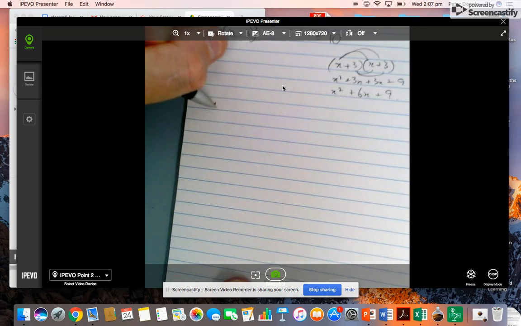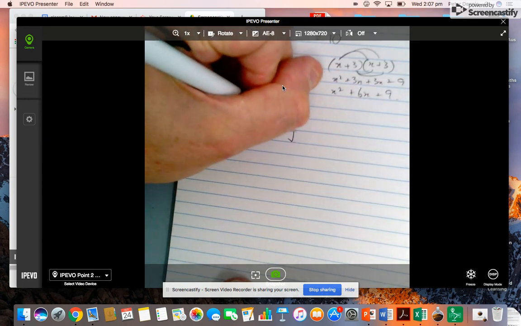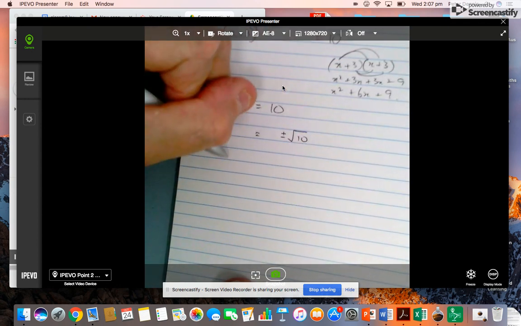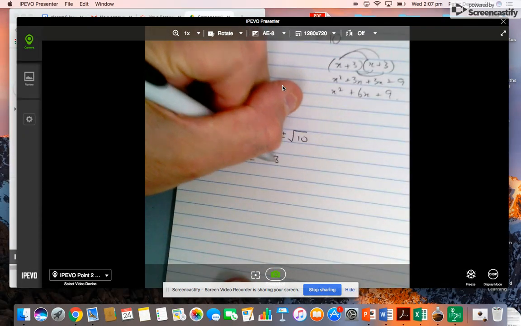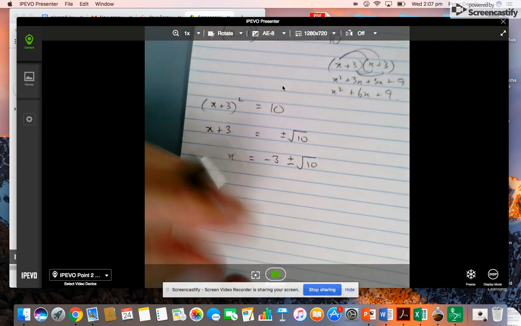He said that x plus 3 squared equals 10. Let's take the square root of both sides. So you get x plus 3 equals the square root of 10. But it could be the plus or the minus of that. Therefore, x equals minus 3 plus or minus the square root of 10. And that's all it is.